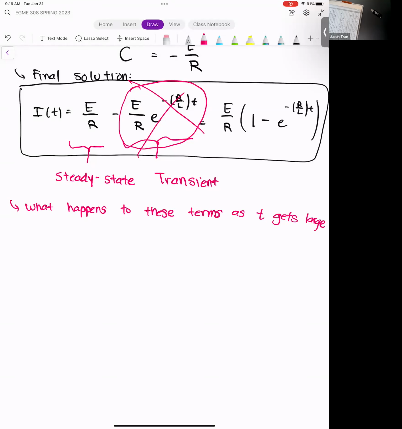And you can see this behavior if you actually plot it. If you're ever unsure about which term is transient or not, you can just plot it. You can use Excel, you can use MATLAB, whatever you feel most comfortable with, or your calculator.